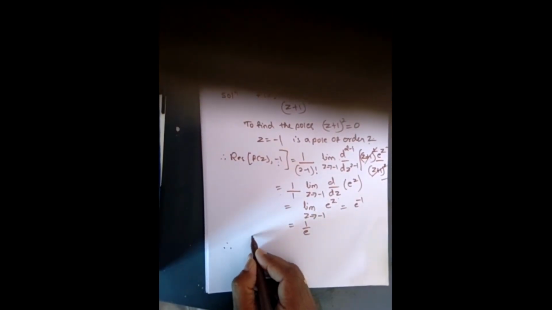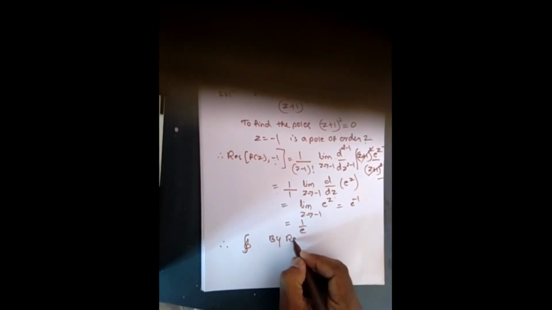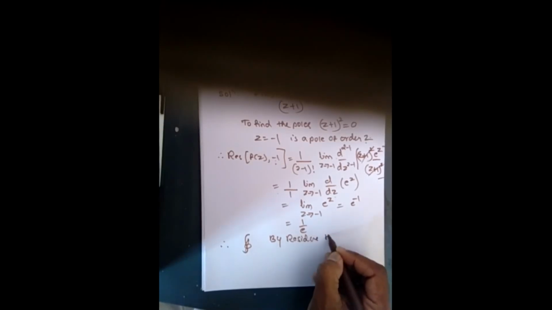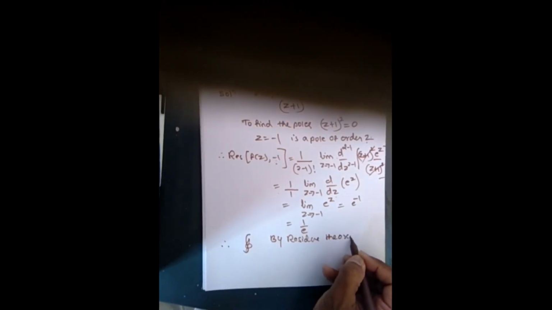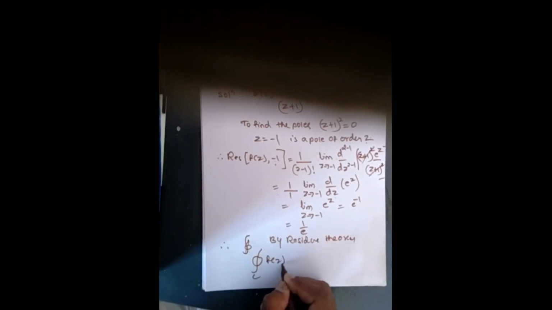Therefore, by the residue theorem, the integral over C of f(z) dz is equal to 2 pi i into the sum of the residues at each pole.